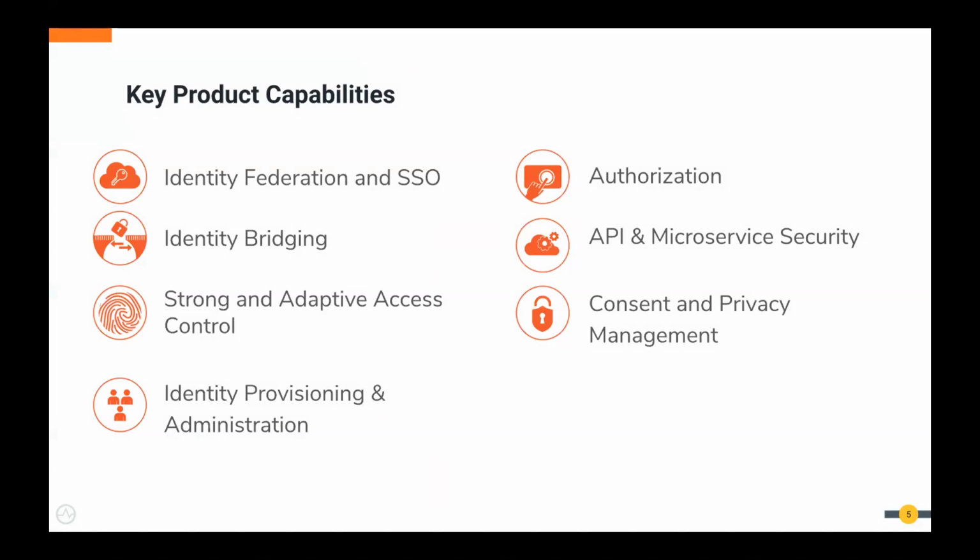The first and foremost feature I would like to talk about is the identity federation and single sign-on capability. With any organization, as they onboard on their journey of IAM, they would start by integrating their applications, systems and mobile applications with a centralized IAM system to authenticate their users and provide access to various on-premises and cloud systems.